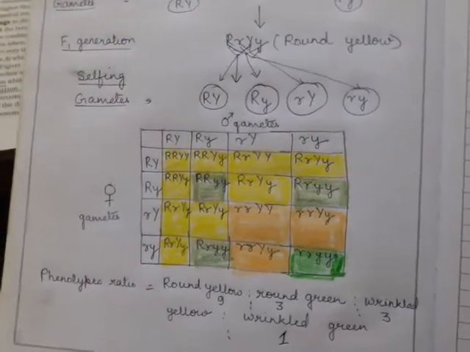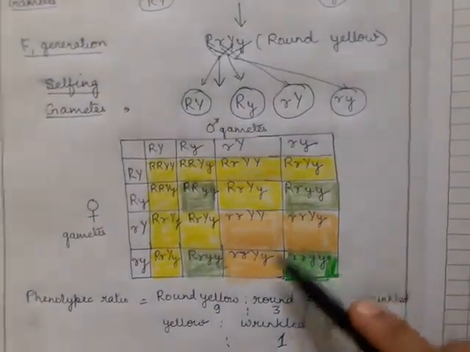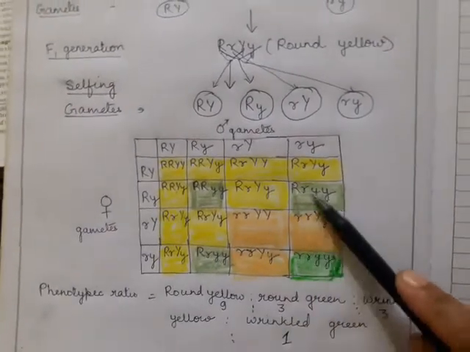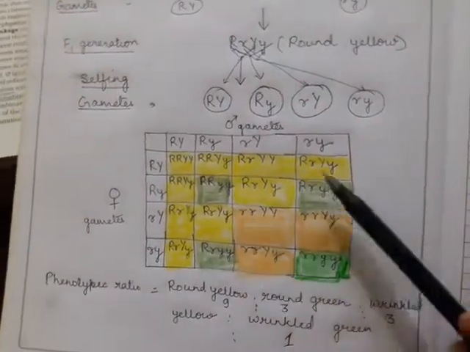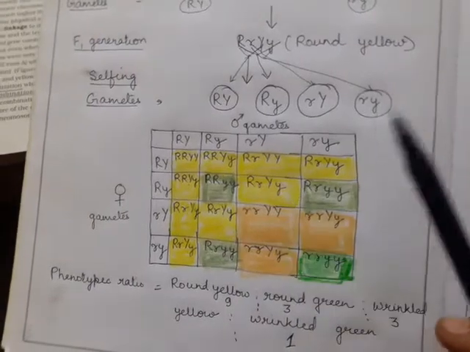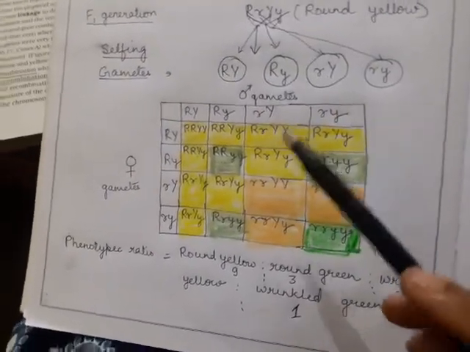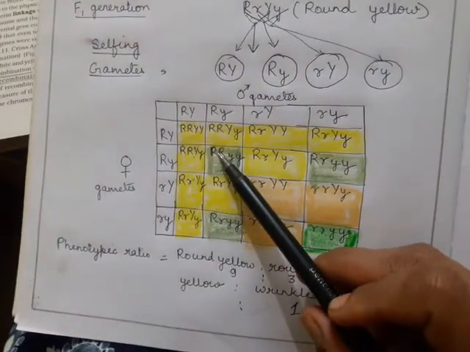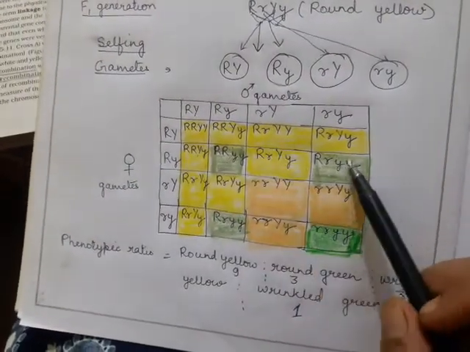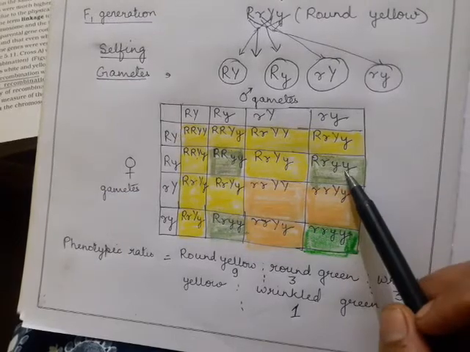Green colored and wrinkled seeds are formed. What about the rest, numbers 1, 2, 3? These are grayish color. I have given different colors to show that these are different. Here capital R is there, so they are round in shape, but small y means they are green in color.